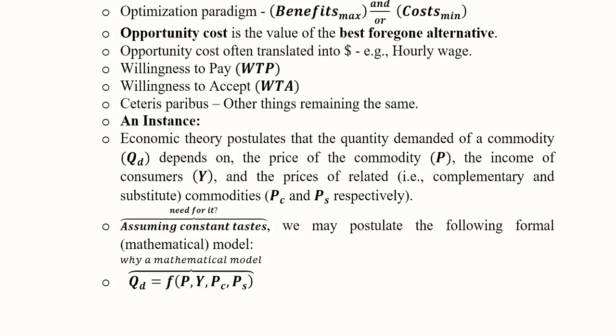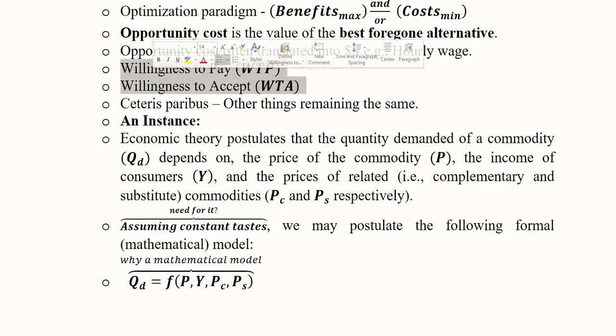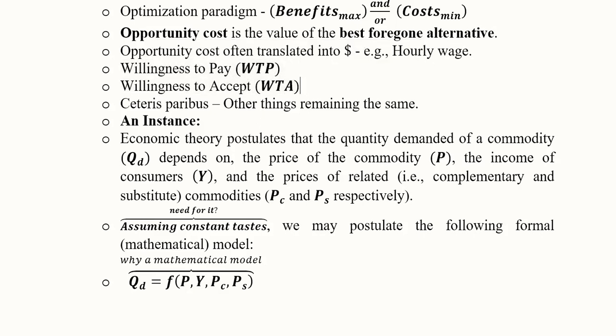So these are the two forces that are reflected in demand and supply. We will understand this in the next lecture, and their balancing basically gives us a desirable point where both the buyer and the seller will be in balance. We'll come to that point as we go ahead.